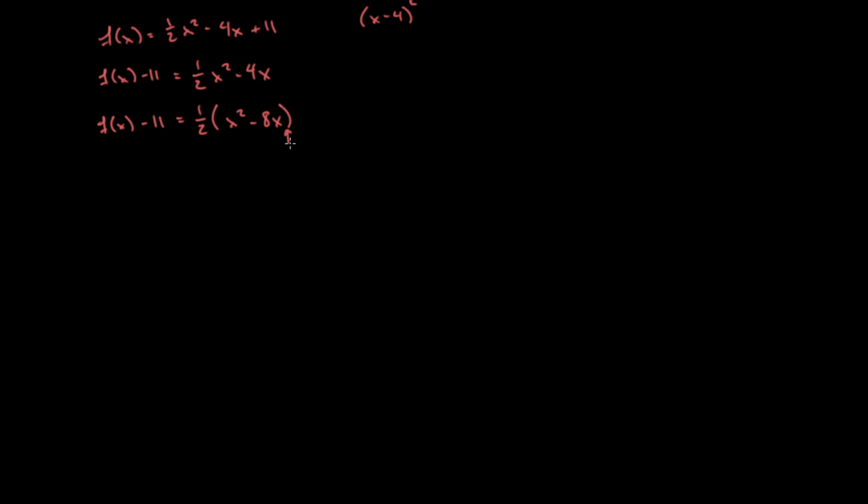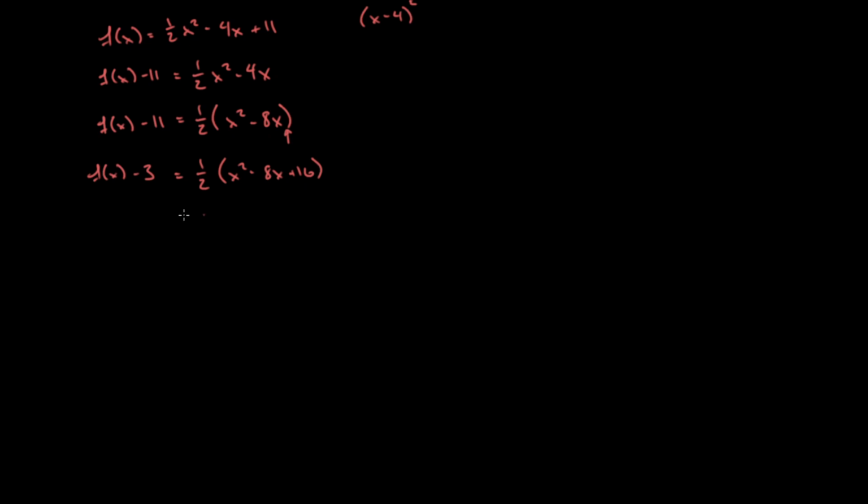So if I add 16 to this side, what I'm really actually doing is adding 8, because I would end up multiplying it by 1/2, right? Because if I have 1/2 times x squared minus 8x plus 16, well, when I expand this all out, what I would have gotten is 8. So what I'm going to add to the other side is 8. f of x, so that what I get is minus 3.